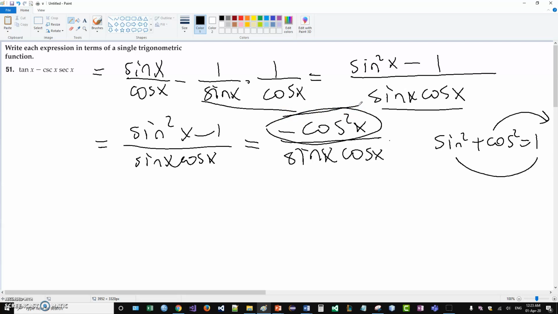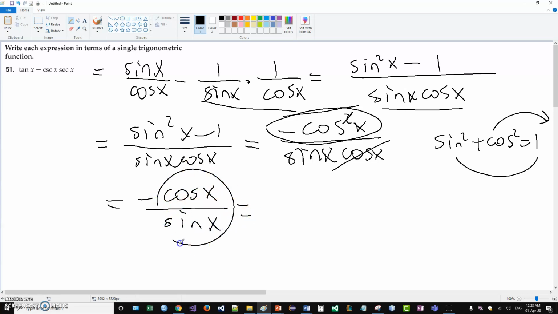Now this cosine cancels out with the square, so now we're left with minus cosine x over sine x. This one is cotangent x, so minus cotangent x, and that's our final answer. And it is a single trigonometric function, which is the cotangent x. Alright, pause the video and let's move on to the next exercise.